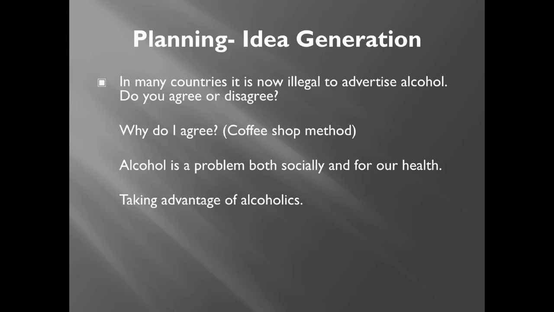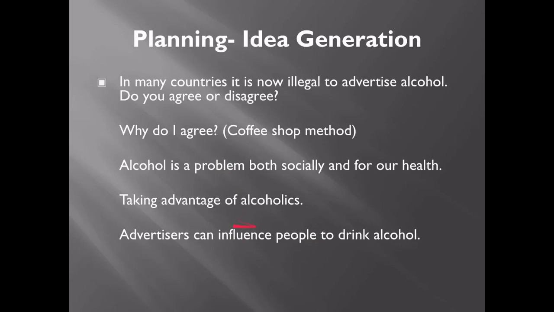And there are many other idea generation techniques that you could use. The coffee shop method works for me, so I'm going to use those. You don't always just have to think of two ideas. While you are thinking of them, another idea might pop into your head. So while I was doing this, I'd be like, well, it might mean that advertisers can influence people to drink alcohol, unfairly influence them.